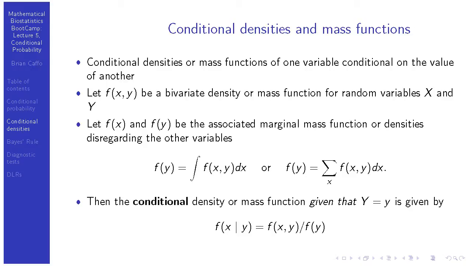Well, the conditional density is exactly, say, for example, f(x given y) is the joint density f(x, y), or mass function, divided by the marginal f(y). It follows directly from the definition of conditional probabilities that we gave you a couple slides ago, and that we all agreed made a lot of sense.